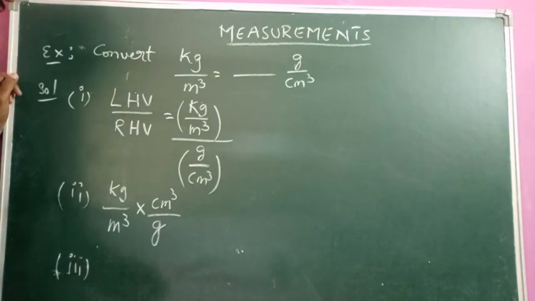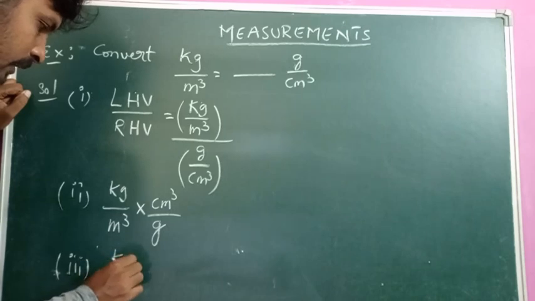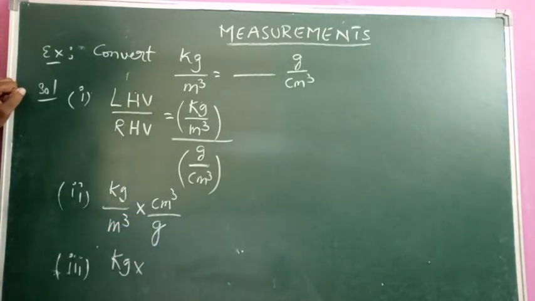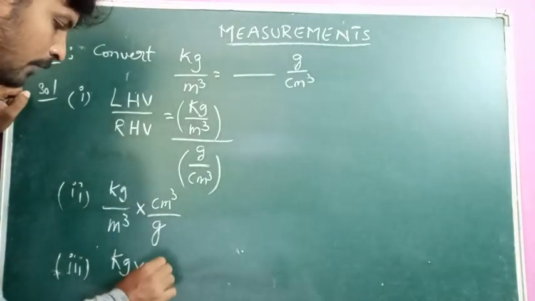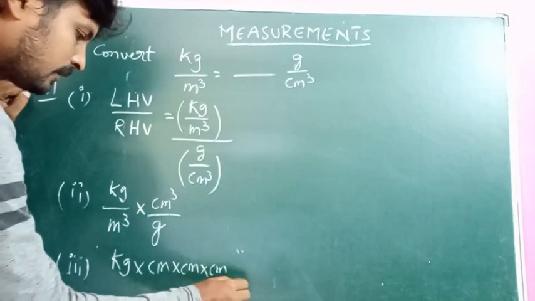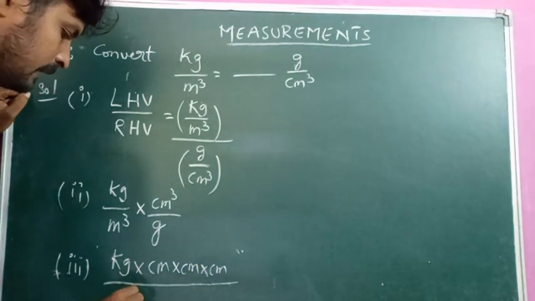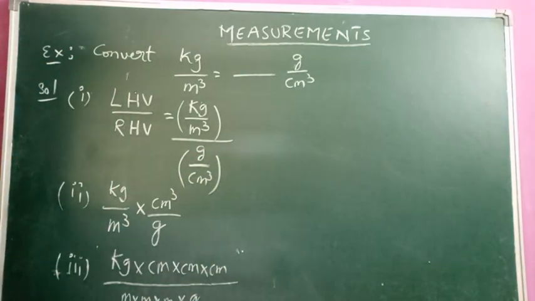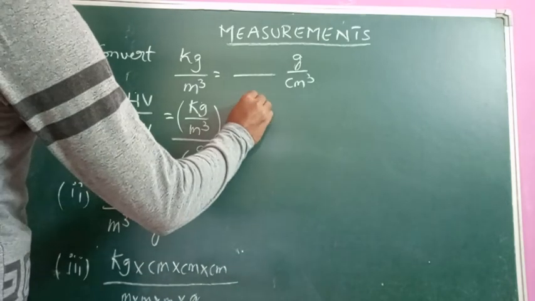So first of all we have to expand this. Kg into centimeter cube means centimeter is repeating 3 times, so we write centimeter into centimeter into centimeter by meter cube, meaning meter into meter into meter into gram.